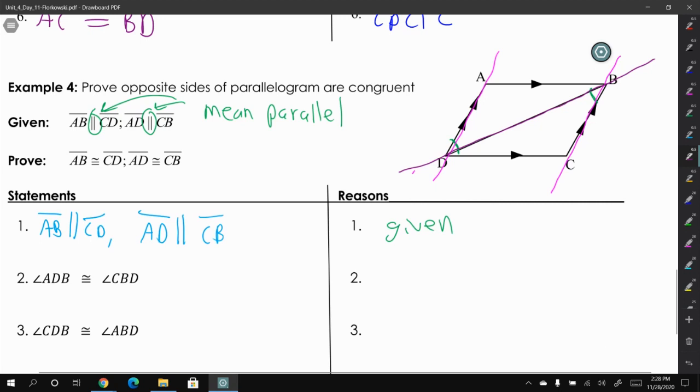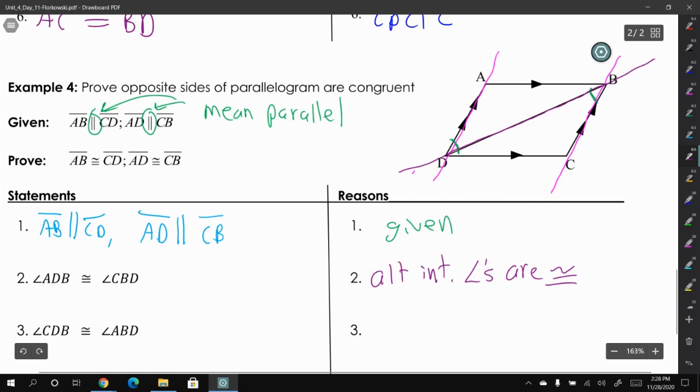The angle ADB, the one on the left, is above the transversal, above the purple line, and over on the right side, angle CBD is below it. So those are alternate interior angles, and they are congruent. So the reason why those angles are congruent is alternate interior angles are congruent.